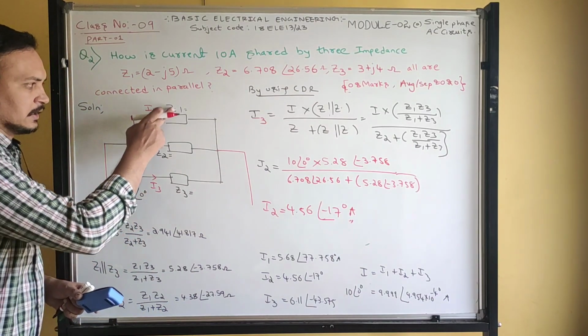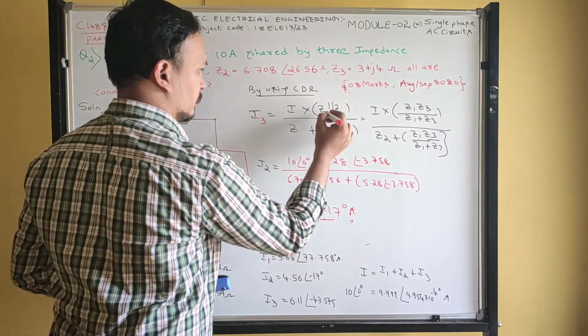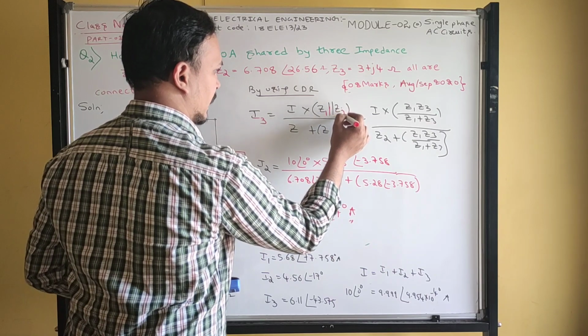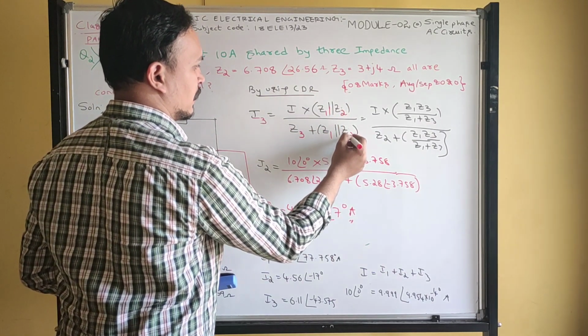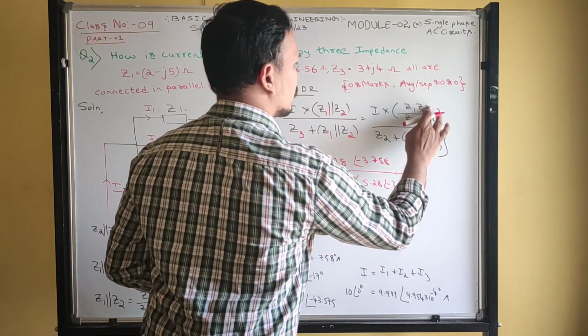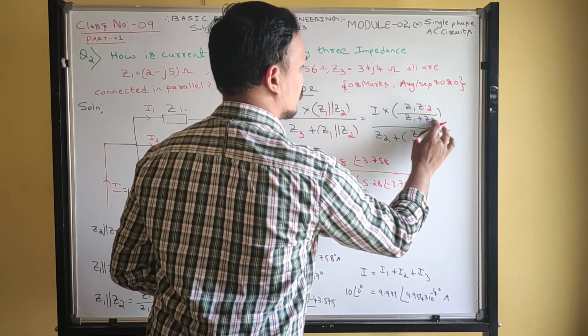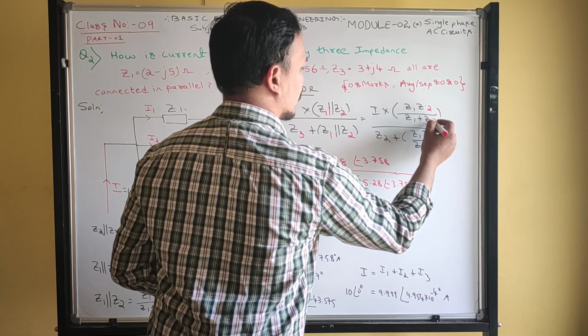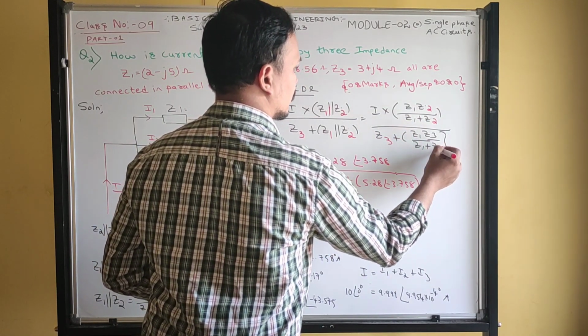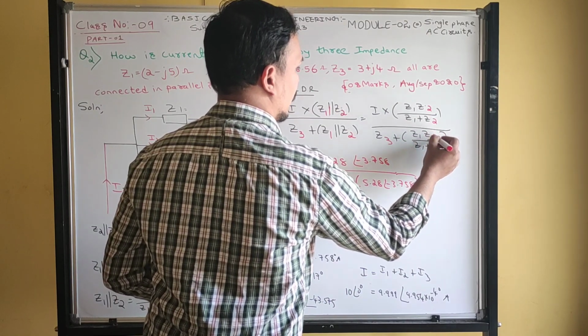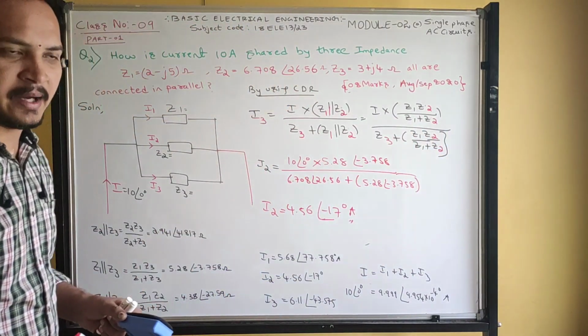Supply current into the other branches, Z1 parallel Z2, divided by Z3 plus Z1 parallel Z2. So this becomes Z1 Z2 divided by Z1 plus Z2, and this will be Z3. Understood now, guys, what modifications I made?